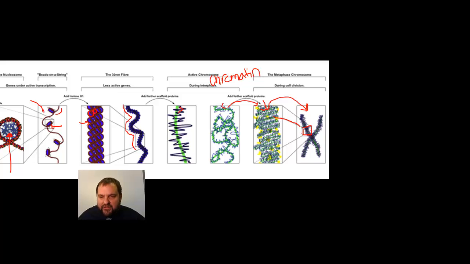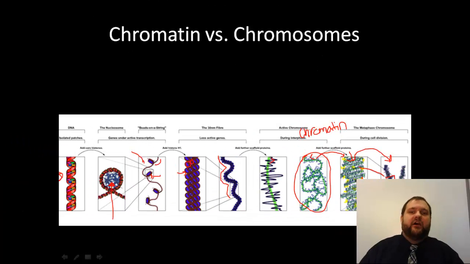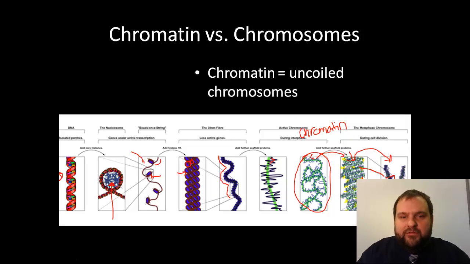If we were to blow it up, it would look like this. But this is really just this cord, and this cord is the chromatin. So chromatin is uncoiled chromosomes. Most of the time, DNA exists in the form of chromatin. Very rarely does DNA condense down into the form of chromosomes, and that's only during one stage of the cell life cycle called mitosis. Only when that cell wants to divide does it condense down into chromosomes, but otherwise that DNA is always found in this chromatin form.